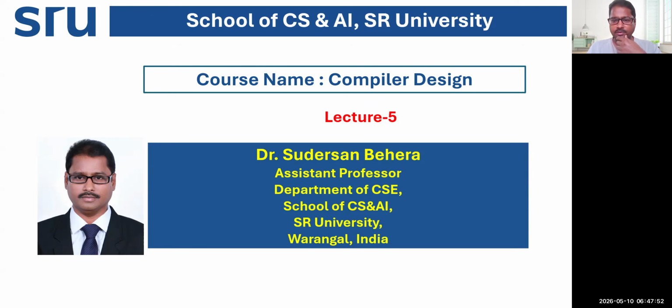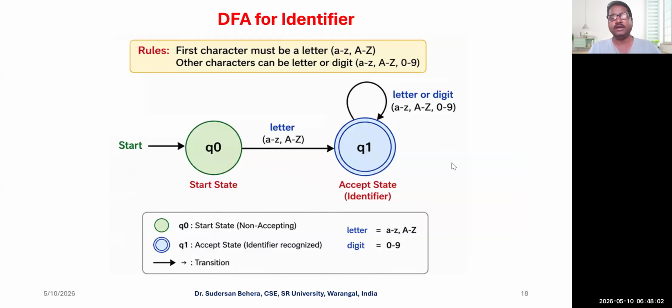We'll see that with the help of an example, so if you have any doubt, it will be cleared. You see the heading is DFA for identifier. We know the rule for making an identifier. It must start with a letter, either a capital letter or a small letter.